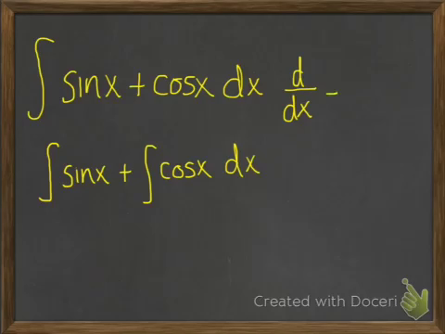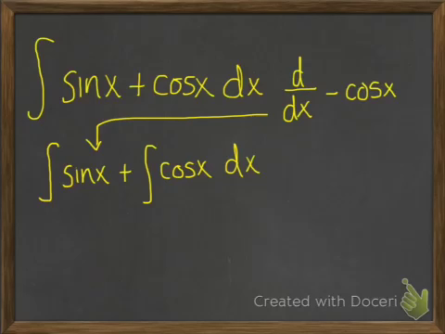You get negative cosine x. So the derivative of negative cosine x is sine of x. If you look at it this way, the derivative of cosine x equals negative sine x. Now if you switch the signs, the sine of x becomes positive and the cosine x becomes negative.